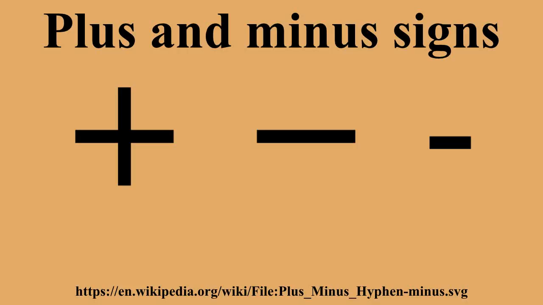Plus sign. The plus sign is a binary operator that indicates addition, as in 2 plus 3 equals 5. It can also serve as a unary operator that leaves its operand unchanged. This notation may be used when it is desired to emphasize the positiveness of a number, especially when contrasting with the negative.